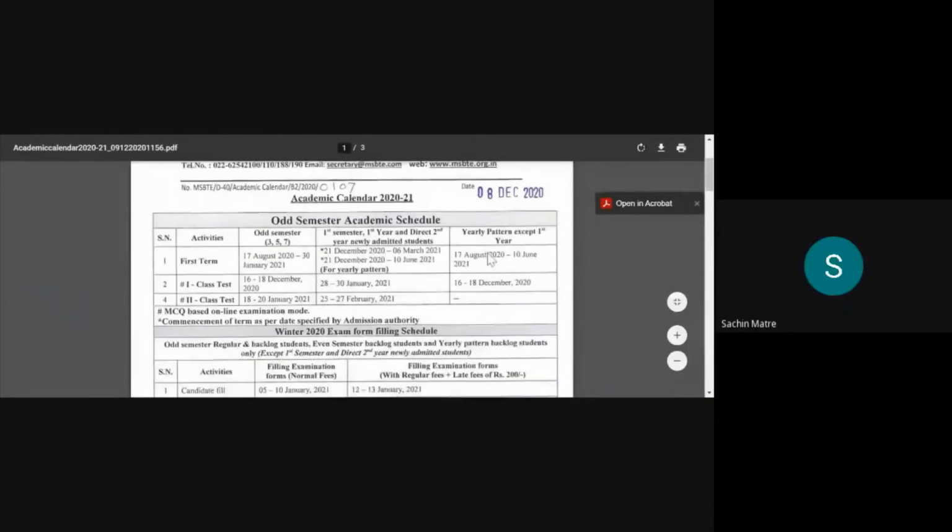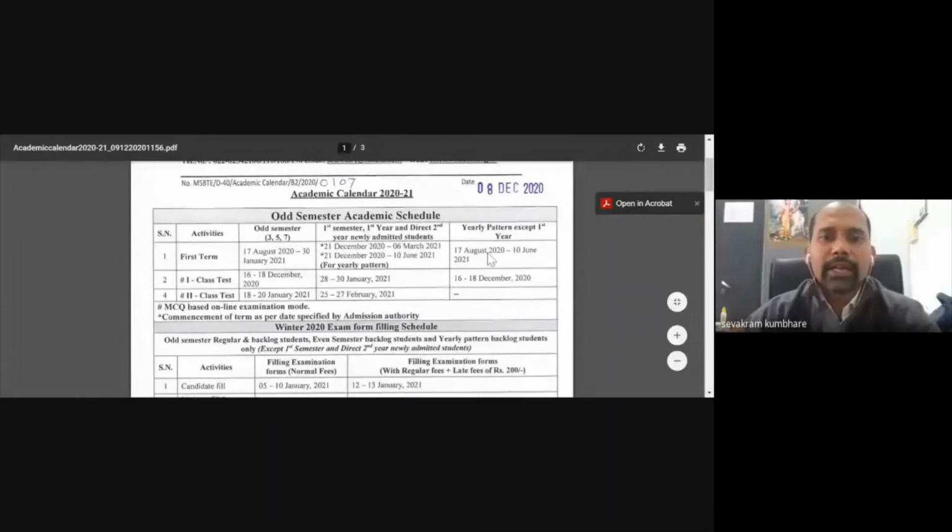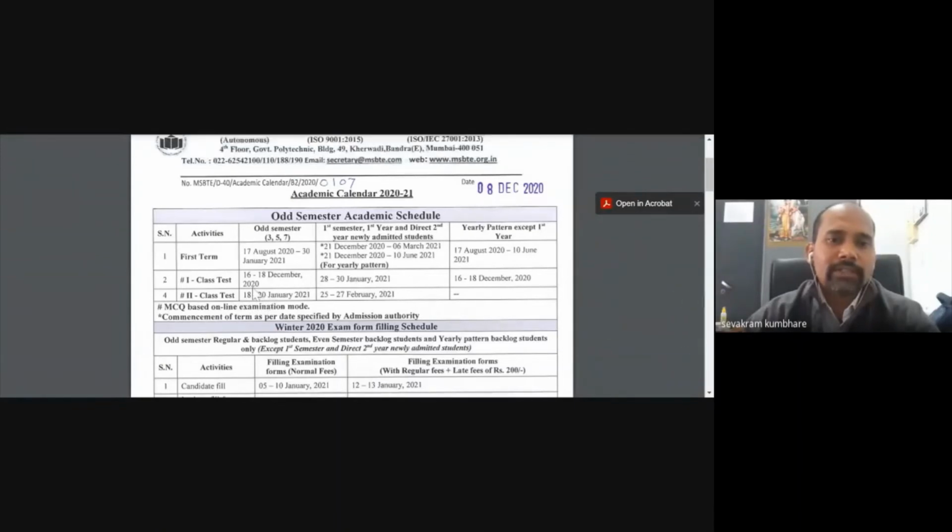Yes, sir. Okay, so this is the academic calendar published by MSBT on 8th December. As per this, you are going to have second sessional in between 18th to 20th of January. So you will have a second sessional in online fashion itself between 18 to 20 January.